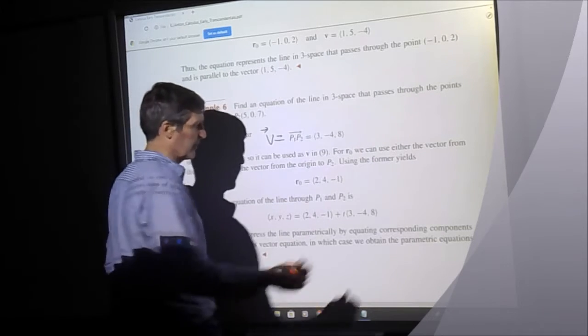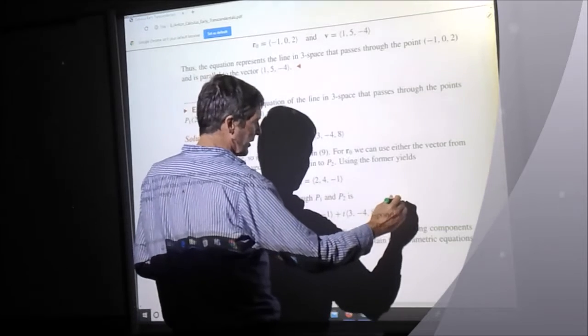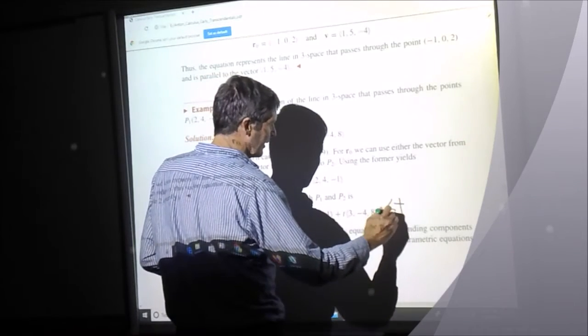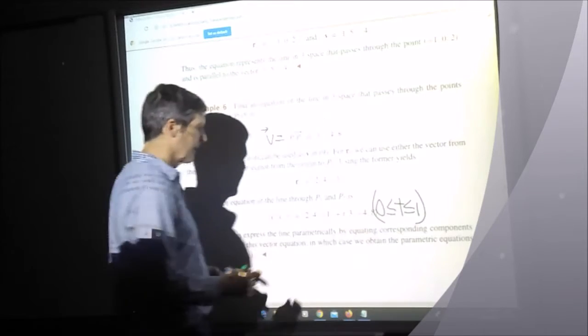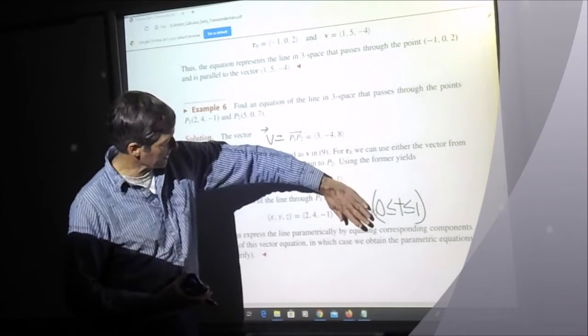Not only can you do this in 3 space as well as in 2 space, but if you restrict t to be between 0 and 1, what happens? When t equals 0, you get just the first point.